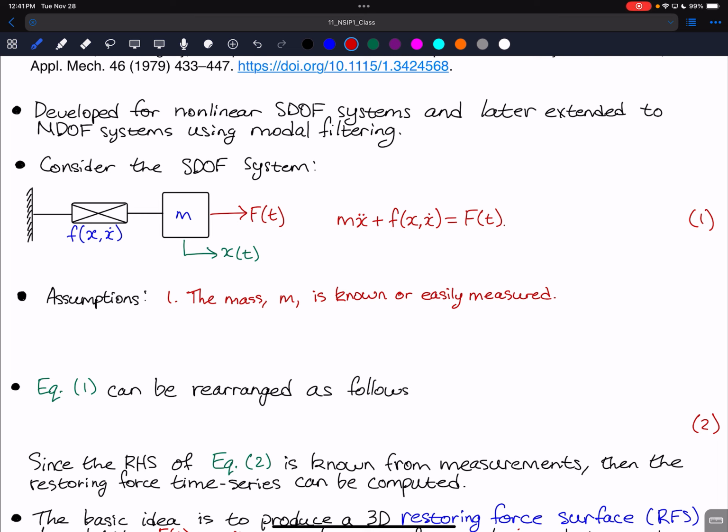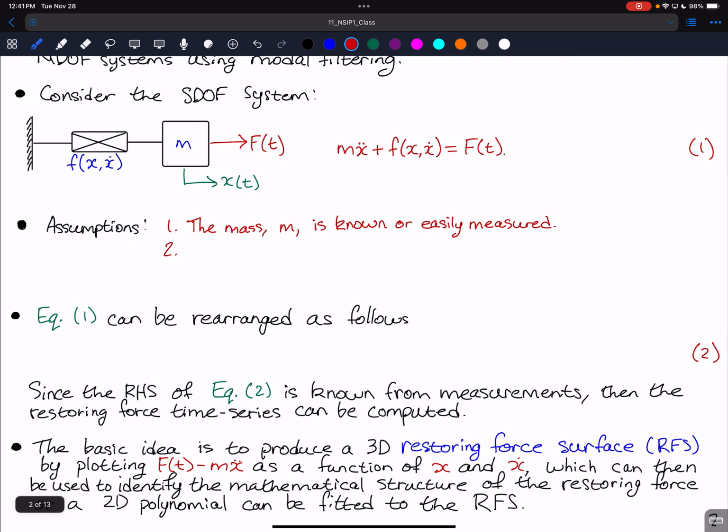It's a pretty standard assumption as far as these methods go, and it's not really a hard assumption to meet, given that you can directly measure mass. Second then is that the force f of t is known or measured. And what we mean here is that we have a time series that captures that force. Not necessarily that we know the exact forcing function, but we have a time series component that captures that.